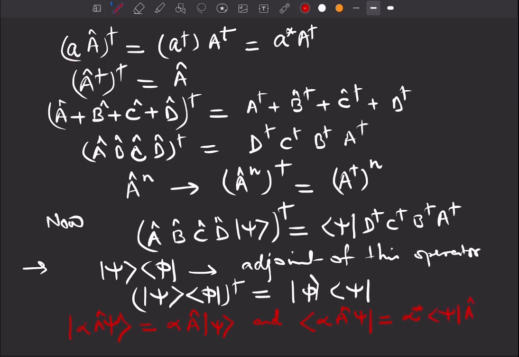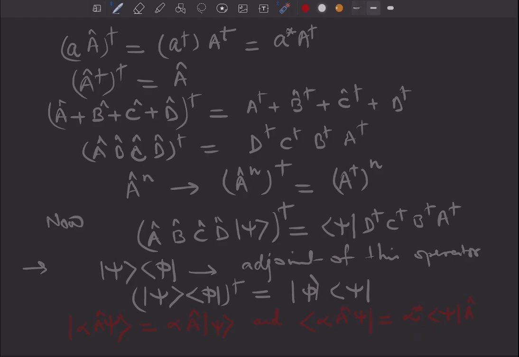So we should be cautious with these things. If alpha is in the ket format, it simply comes out, and if alpha is in the bra format, it comes out with its conjugate value. Now, Hermitian and skew Hermitian operators.